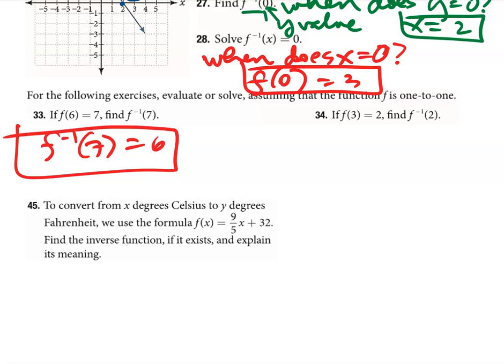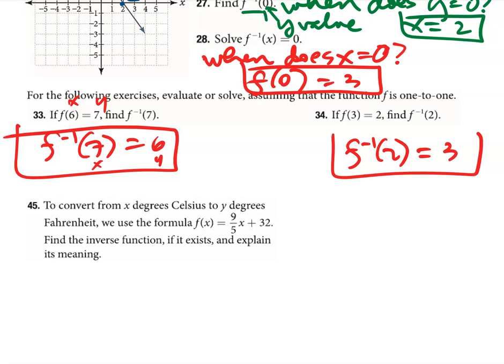Remember, you swap x and y. This is x, this is your y. So that becomes now your x. Well, you swap. Next, 34, f of 3 is equal to 2. What is f inverse of 2? Is equal to 3. Yes, that is correct. You swap x and y.